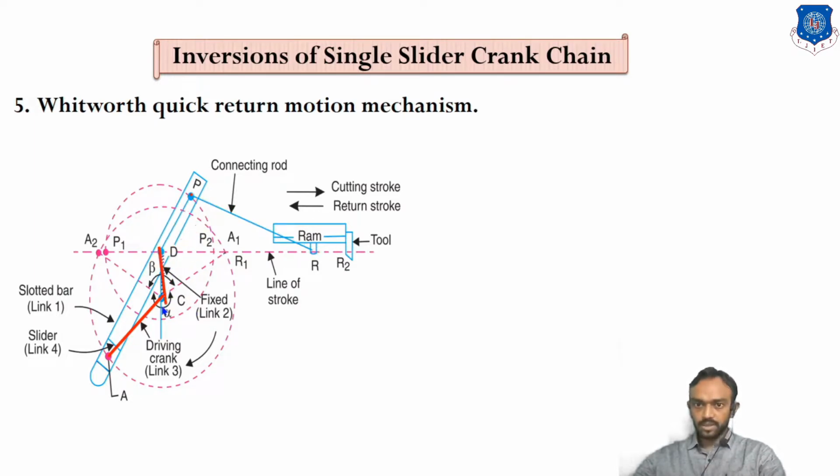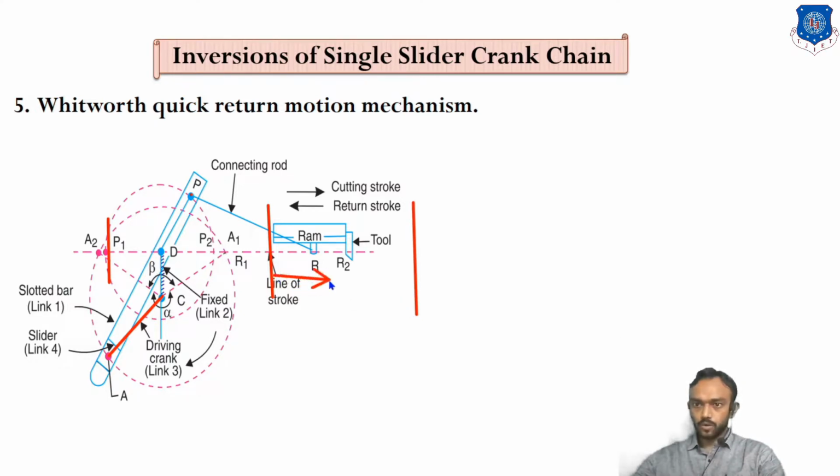The smaller circle is the path of this P point, which is connected to the ram. So when the crank position is here, our ram will be at the extreme position, and when this crank is rotating and reaches this extreme point, our ram will be at the other extreme, so the cutting stroke will be here.